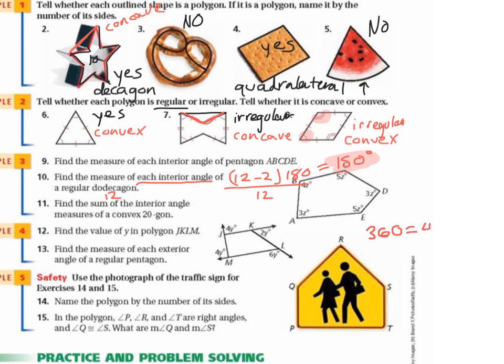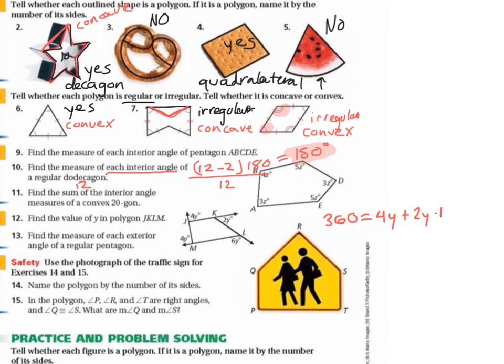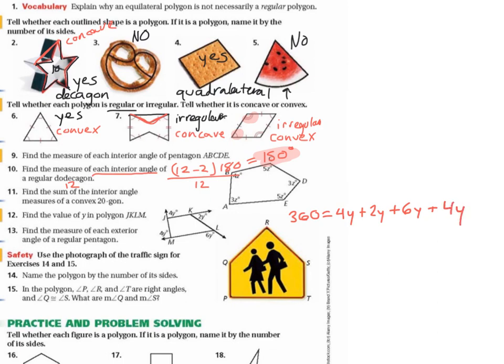We add them all together. So we have 4y plus 2y plus 6y plus 4y equal to 360. Now we need to combine like terms. So how many y's in total do we have? 16y.